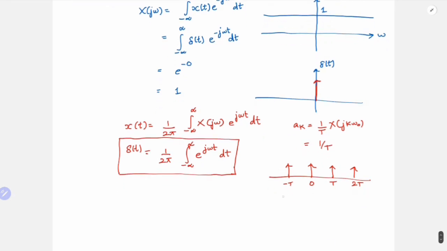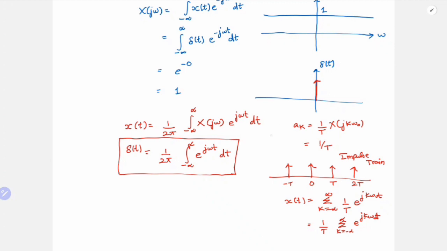That impulse train is nothing but the summation k equal to minus infinity to infinity of 1 by T, the time period, into e^(jkω0t). Right? So 1 by T is constant, e^(jkω0t). So this is called the impulse train.